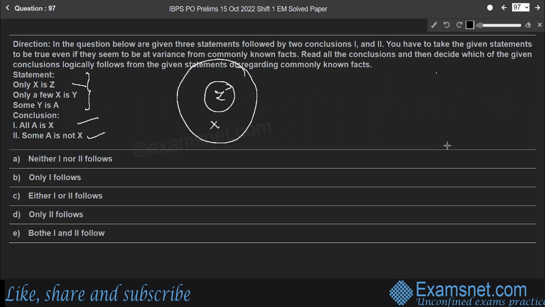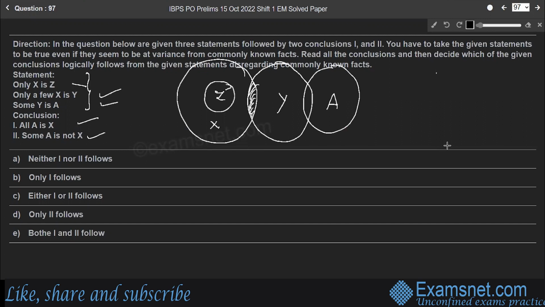The second one, only a few X is Y. So only a portion of X is Y, this portion. And the next one, some Y is A. Some Y is A. So this some portion can be anywhere in the set of Y, right?